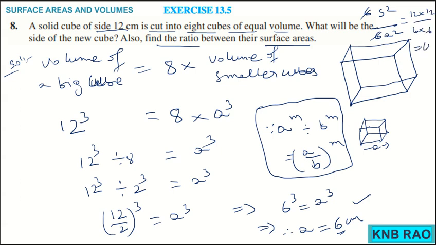On cancellation you will get 4 by 1. So the ratio of the surface areas is 4:1. Okay, this is how we solve this question.